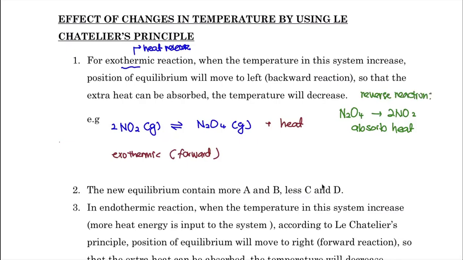The forward reaction releases heat, the reverse reaction absorbs heat. This is what they mean when it's an exothermic reaction.